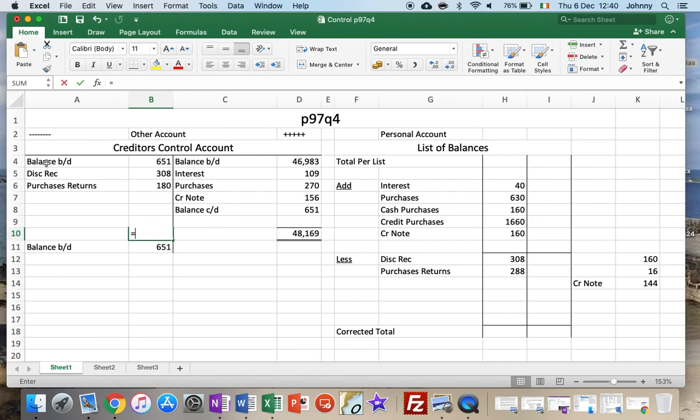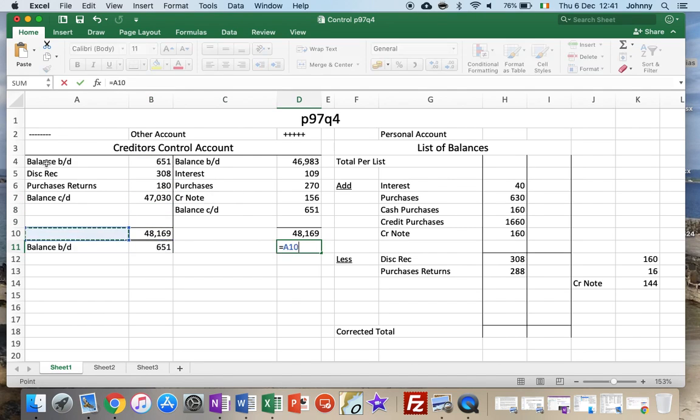So we have 48 there, and then our balance CD on the debit side, which will then be the balance BD on the credit side. So the balance CD is going to be 48,169 minus 180 minus 308 and minus 651. So that's 47,030, that's the balance BD here on the debit side.